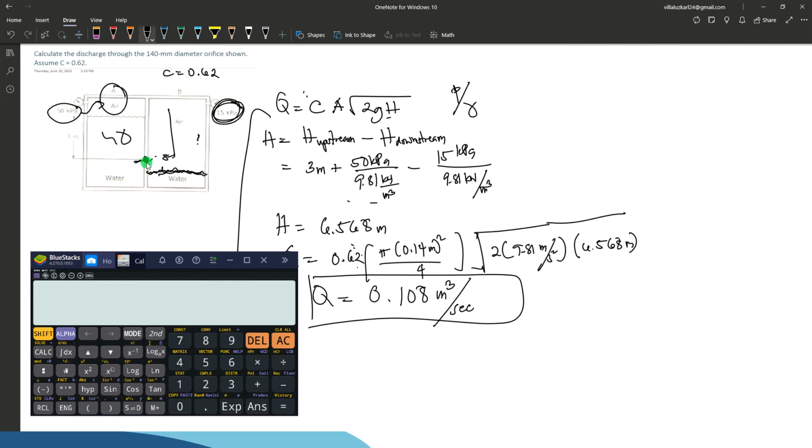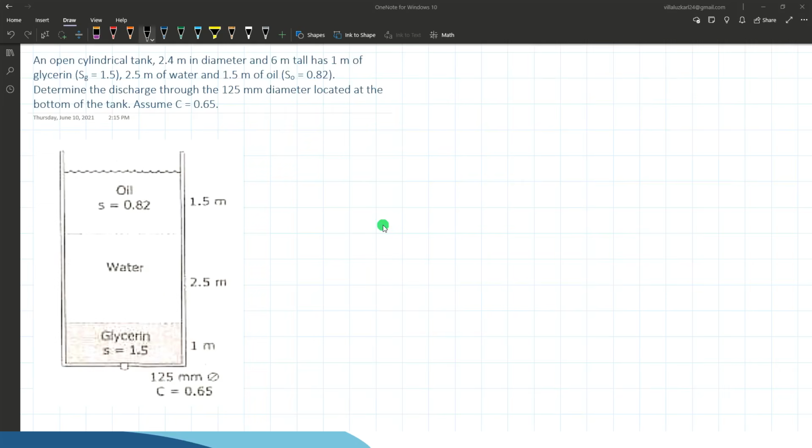So yeah. Next, an open cylindrical tank, 2.4 meters in diameter and 6 meters tall, has 1 meter of glycerine, 2.5 meters of water, and 1.5 meters of oil.